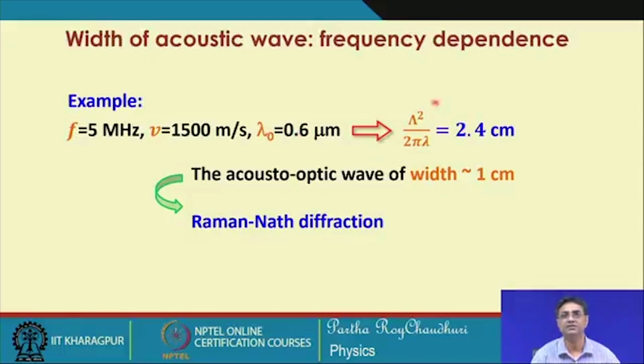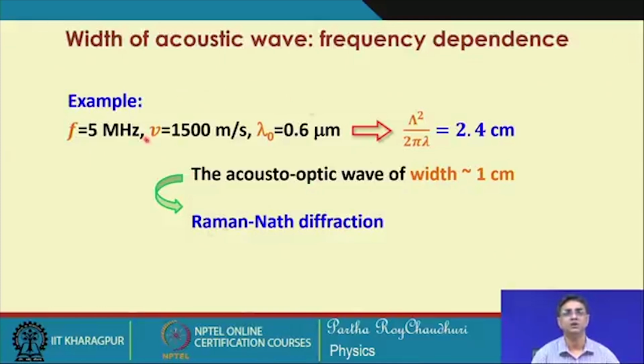In that case, I define this acoustic wave width equal to 2.4 centimeter. Now, this quantity is going to divide the two regimes, that is whether it is Raman-Nath or Bragg diffraction. So, if you are fairly below this, that is if the width is 1 centimeter or so, certainly that will correspond to Raman-Nath diffraction.